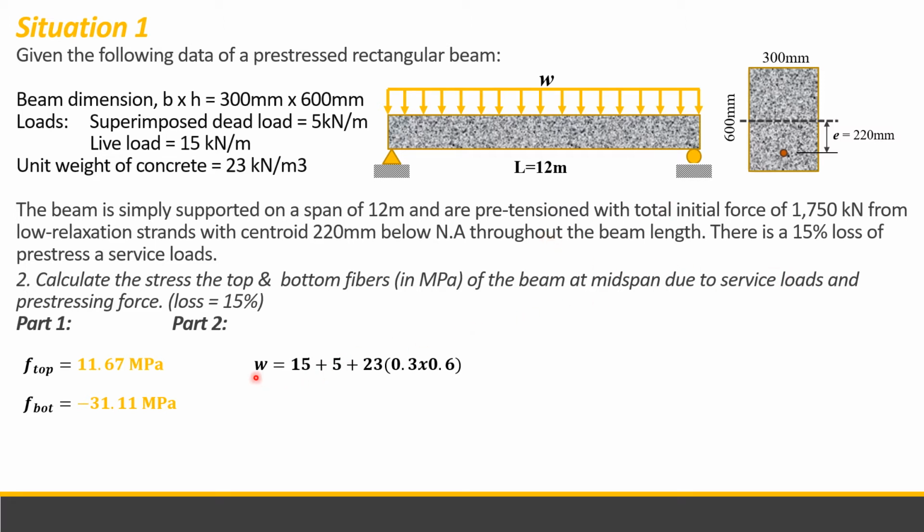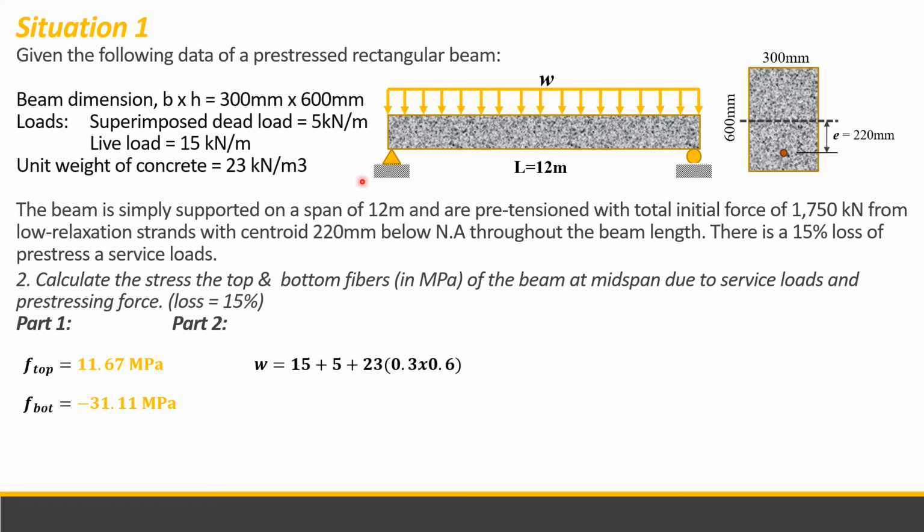So first we will calculate yung distributed load natin na omega. So first we have 15 kilonewton per meter na live load. And then 5 kilonewton per meter na superimposed dead load.